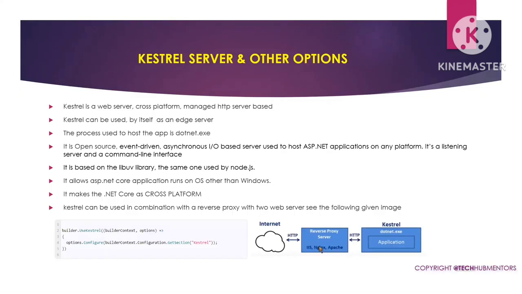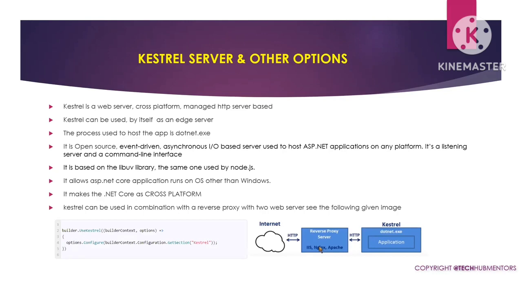Okay, the Kestrel server internally uses a reverse proxy server. That is, internally they are using the IIS server or Nginx server or Apache server. Whenever any request comes, first it will go to the IIS server, then it will move to the Kestrel server, that is the reverse proxy server.